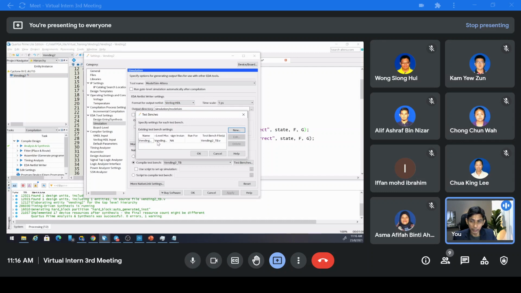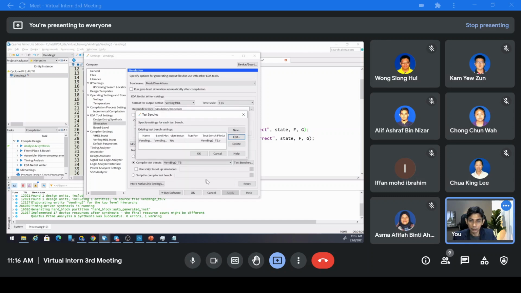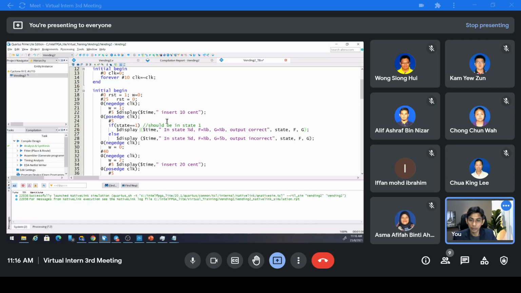This one I created already. You give the name, and you must have the file here. You need to add the file, right? In this case, this is done already. So I just go to RTL simulation, click, and we see the output later.